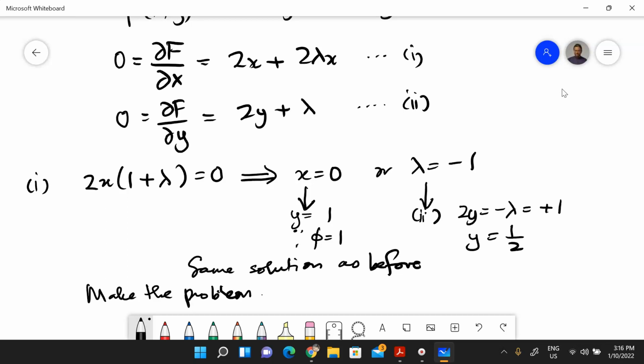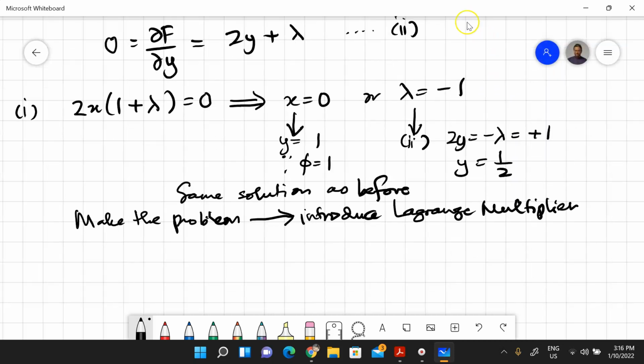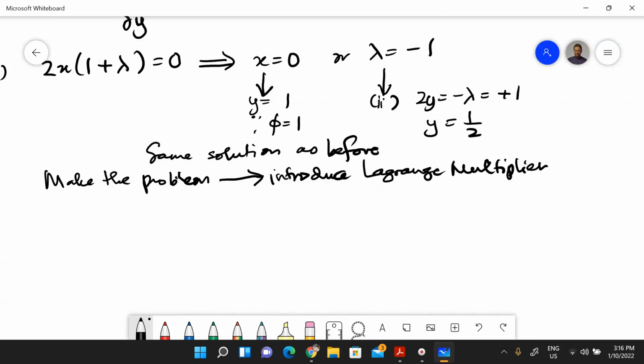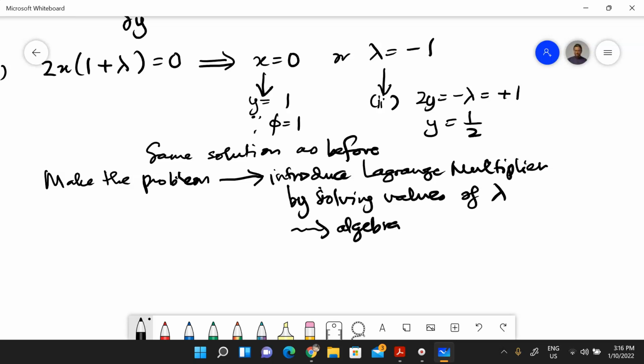And what happened is that by solving for values of lambda, the algebra becomes easier.